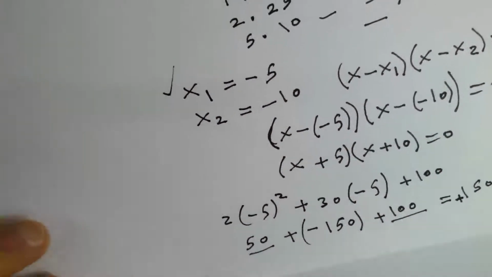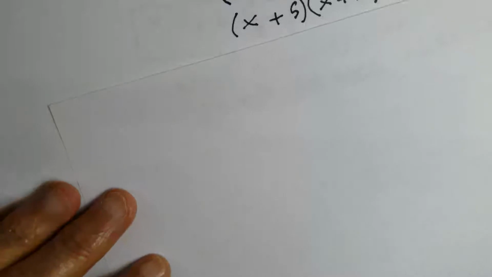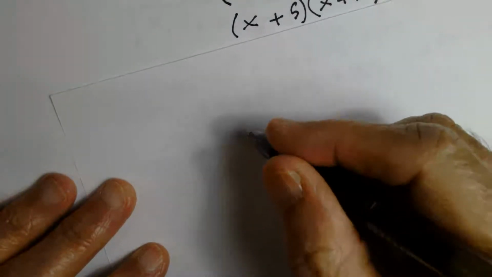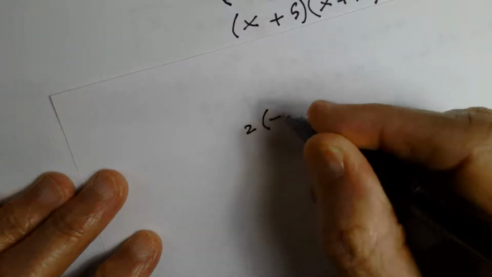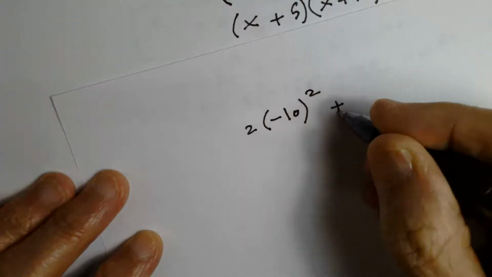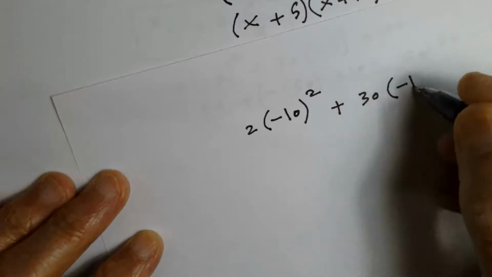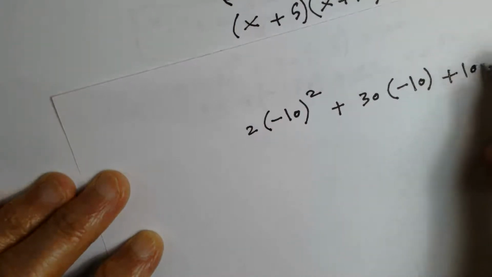Now let's use the minus 10, which is x2. So we have 2 into minus 10 squared plus 30 into minus 10 plus 100.